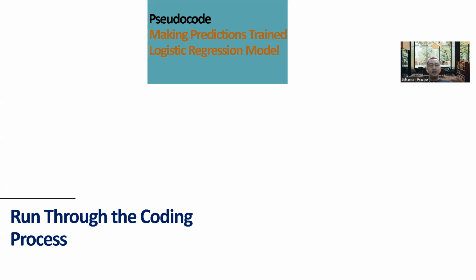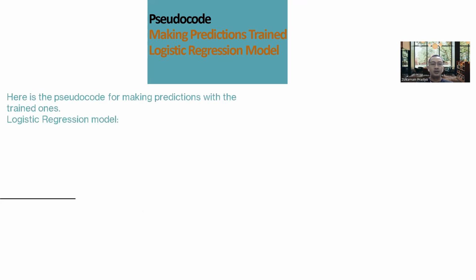Okay, we'll try running through the coding process in this Agile project. I will visit the code for making predictions with the trained logistic regression model. This is the code for making predictions with the trained ones.